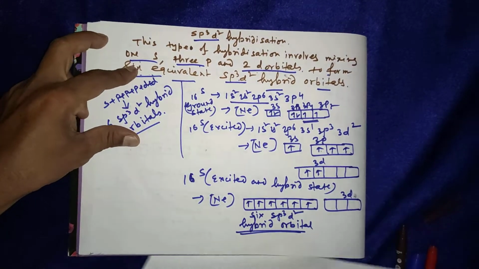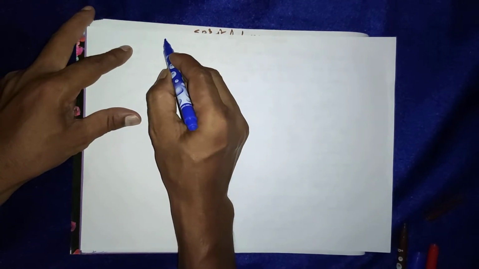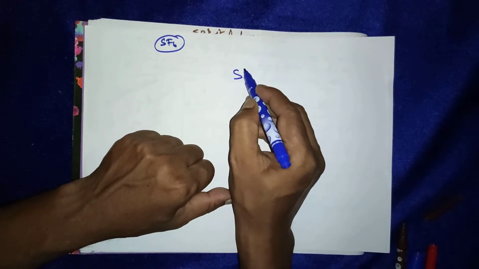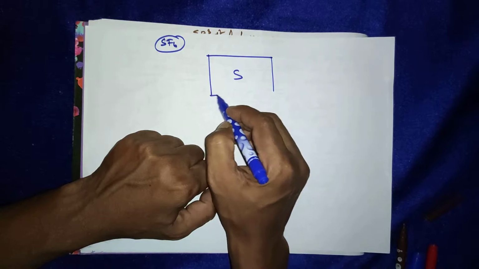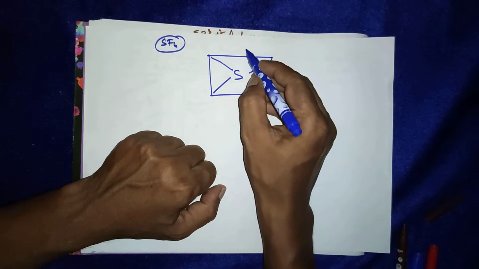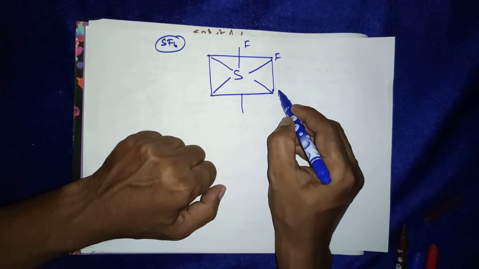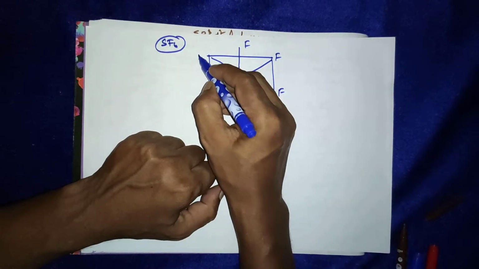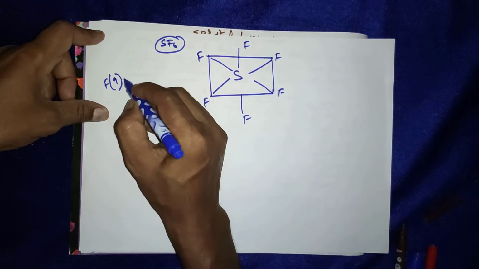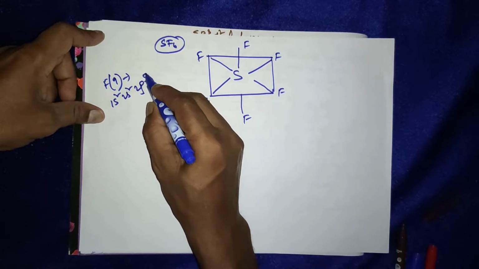Now I am explaining it. I am giving an example. In case of SF6, it has structure like this: F, F, F, F, F, F. In case of fluorine, we can write the electronic configuration 1s2, 2s2, 2p5.